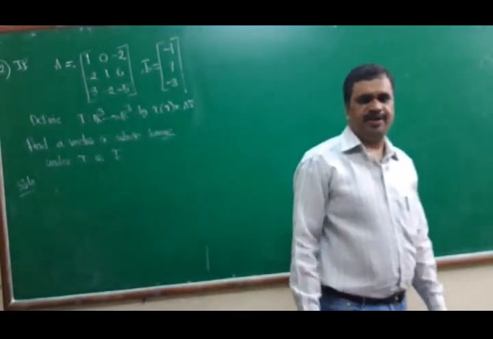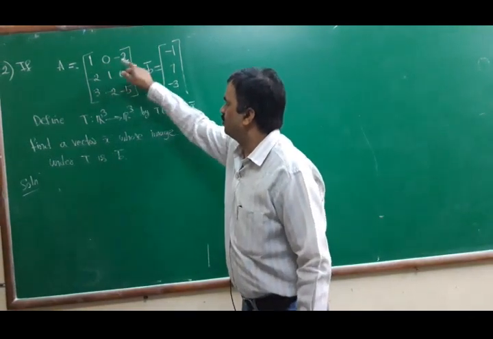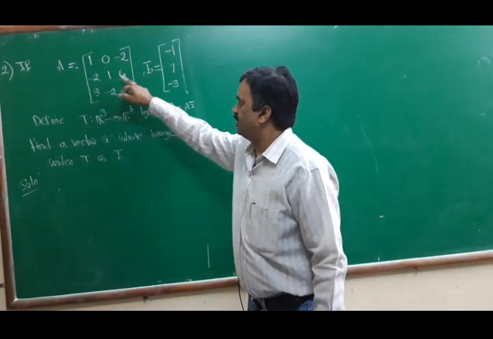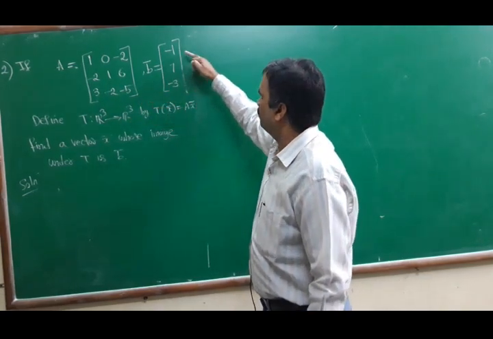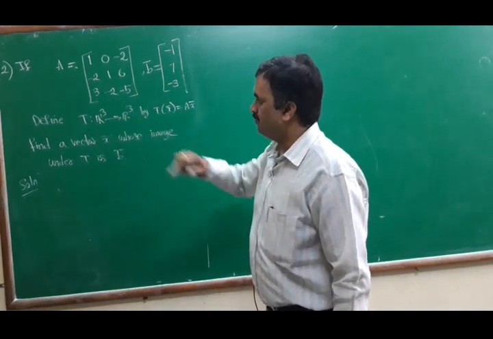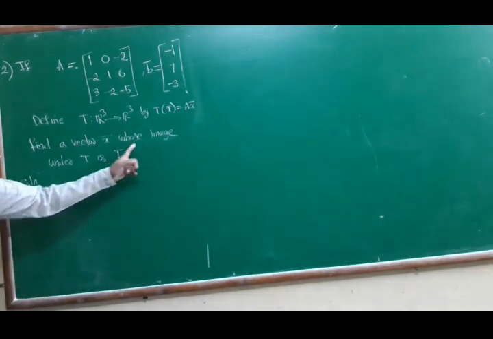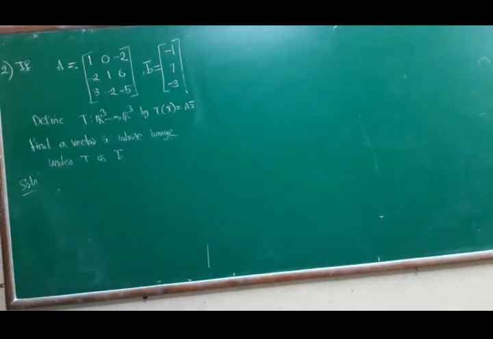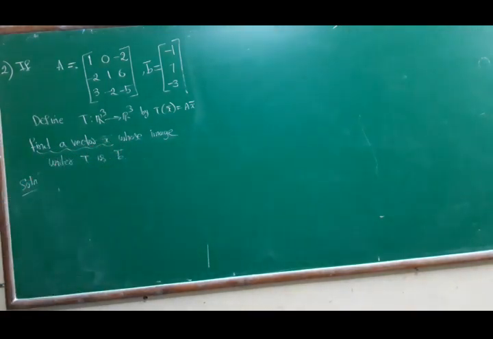Next, one more problem we have. If A equal to the matrix 1 0 minus 2, minus 2 1 6, 3 minus 2 minus 5, and b bar equal to minus 1, 7, minus 3. Define T from R^3 to R^3 by T of x bar equal to A x bar. Find a vector x bar whose image under T is b bar.